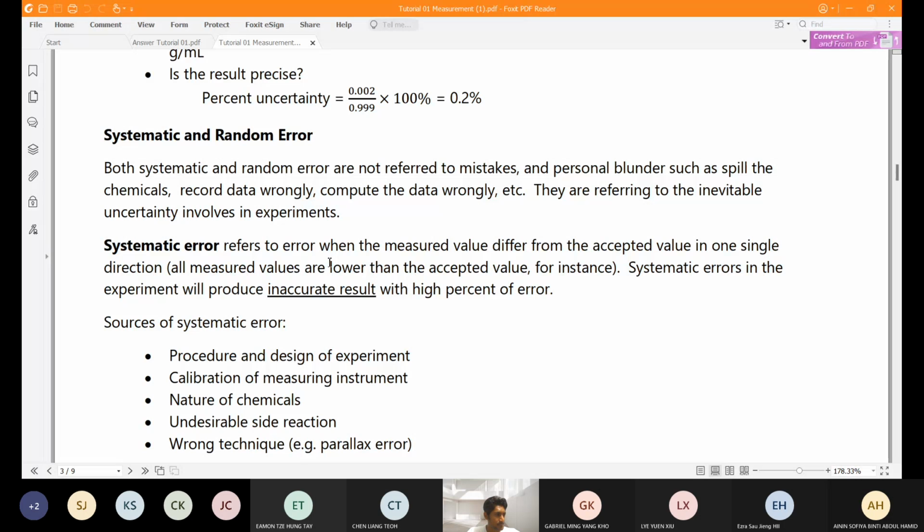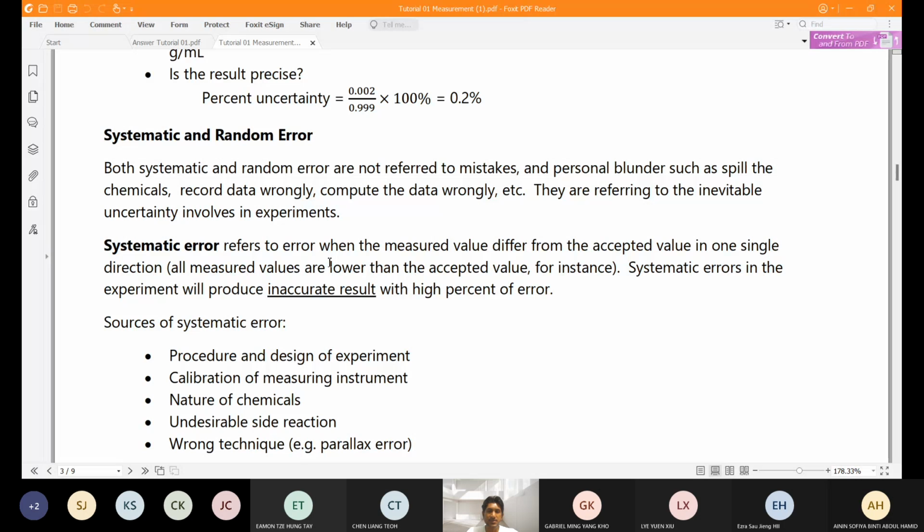So what will happen? No matter how many times you do the titration, you will always get a similar type of result. Either you will get a very high value of the titrant or a very low titrant value, right? It depends on what type of impurity you have.